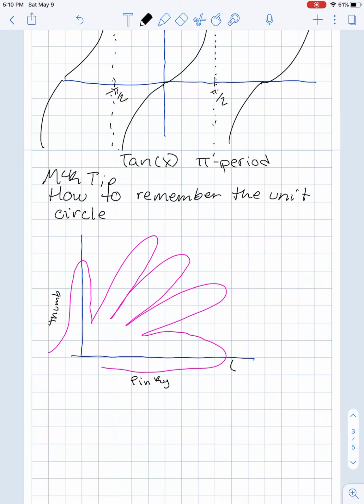So on the unit circle, this coordinate is: I'm out 1, I am up 0. In the unit circle, points go cosine theta, sine theta. And this one is 0, 1.